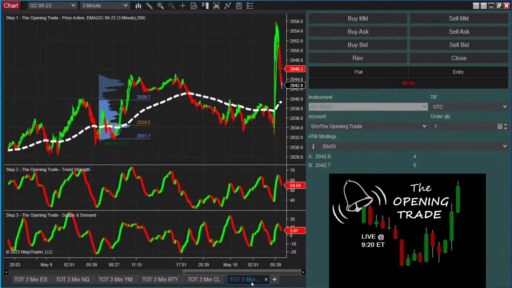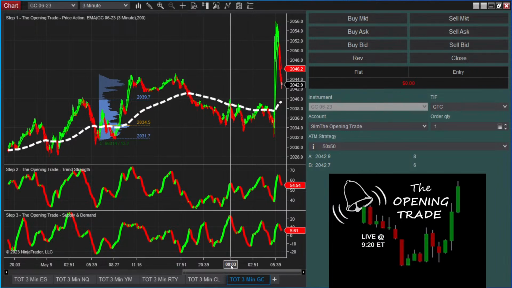Okay, so here we have the gold chart. This is yesterday through to today. Why do we see this big jump on gold? That's because at 8:30 Eastern Standard Time, the CPI month over month came out exactly as forecasted.